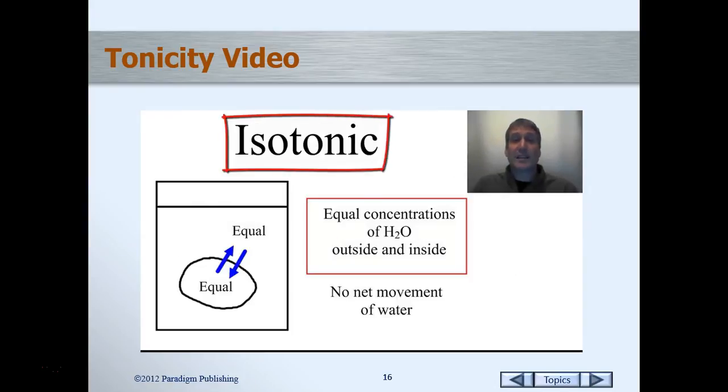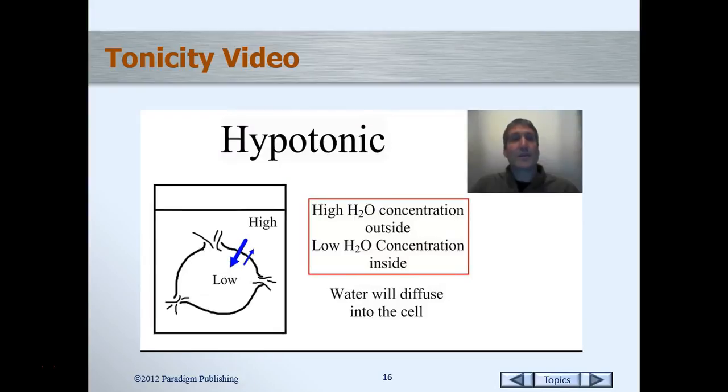So the first one is an isotonic solution. This is where you have equal concentrations of water on the inside and the outside of the cell, so there's no net movement of water. The same amount of water is being bumped out of the cell as is being bumped into the cell, so the cell can maintain its water balance.